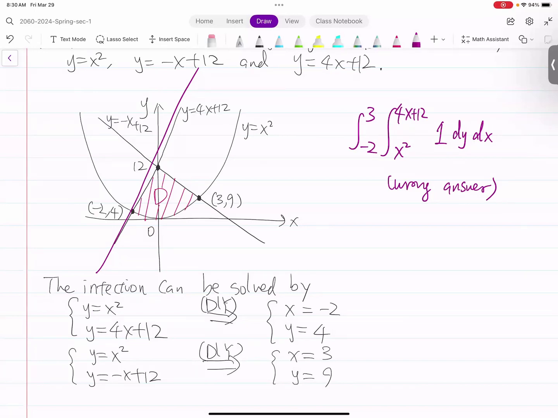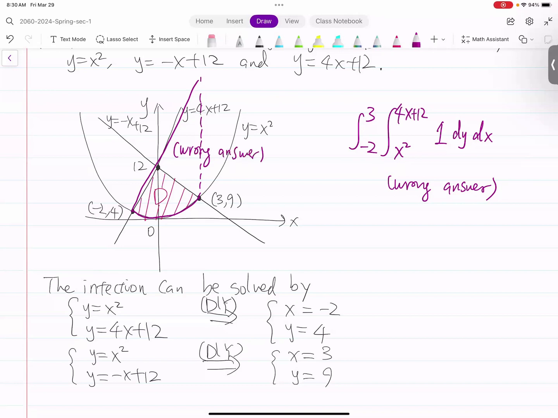Exactly. So for y, if you use that purple line in the answer, it will be an overshoot. That will give you this part, and you end with the x value here, which is too much. So this is the wrong answer.